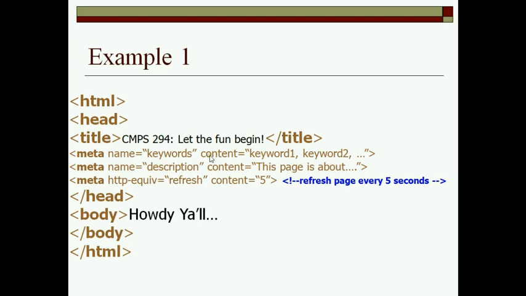In this particular case, we have a meta tag that specifies keywords that are pertinent to this particular document, and those particular keywords that we desire the document to be associated with are given over here as a comma-separated list. There is another meta tag over here that is called description, and the value for the content of this is some text of the sort "this page is about blah blah blah."